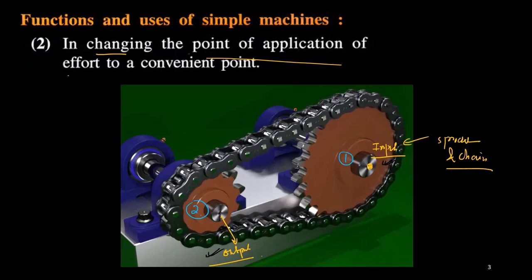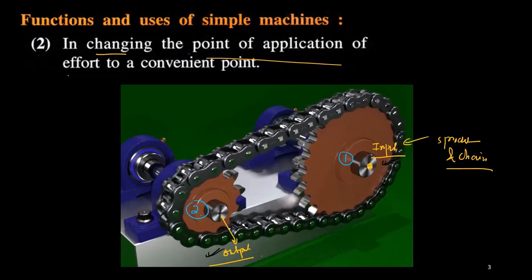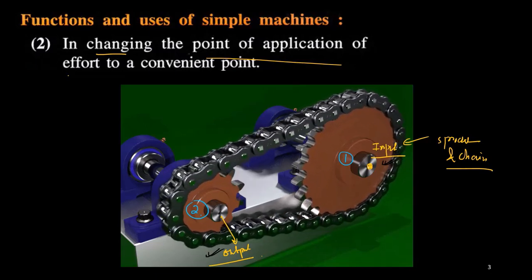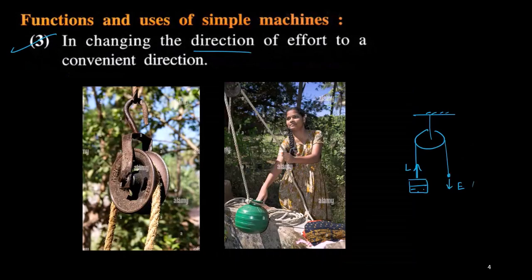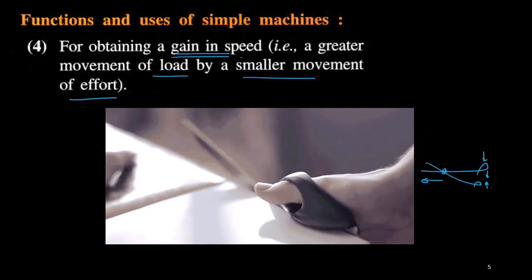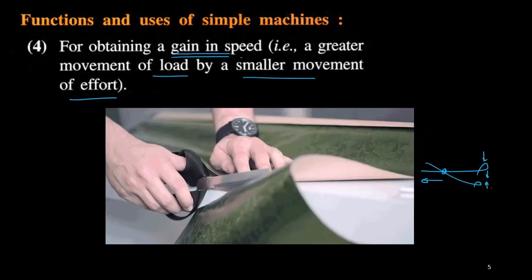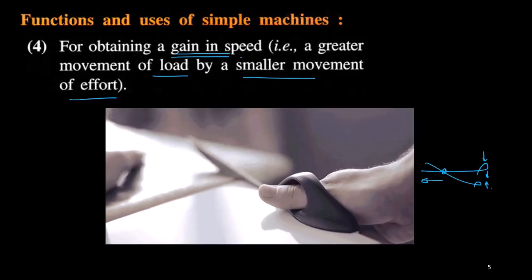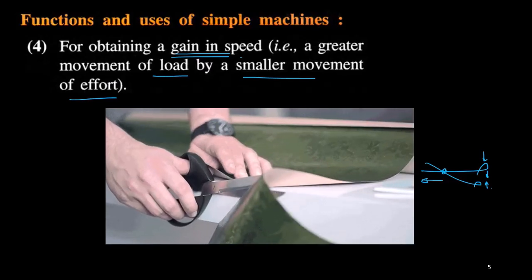That means I have to get the output in some other defined location. Whenever I want to change that location, I should go for a machine. In changing the direction of the effort, whenever I want to change the direction of the effort to a convenient direction, then also I should go for a machine. Or lastly, it is called the velocity multiplier or gaining speed. So these are the four basic utilities of any kind of machine.